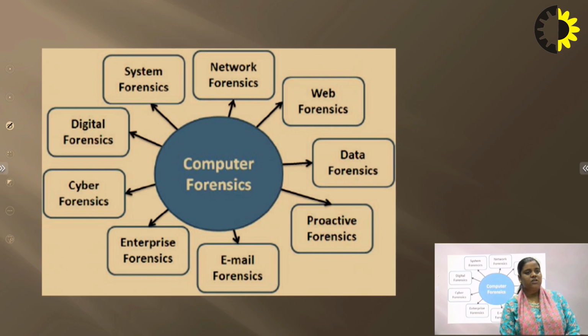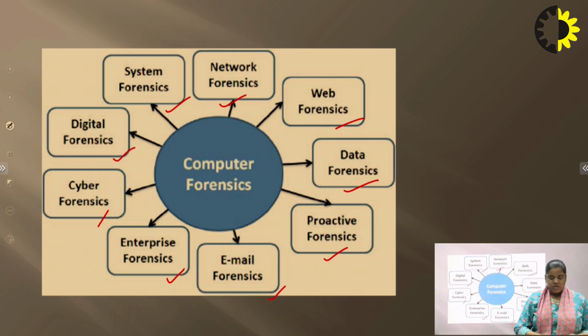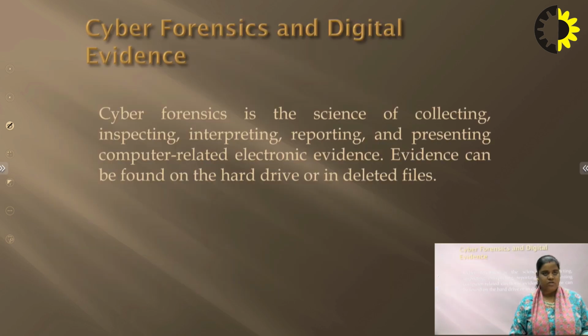So these are the main types of computer forensics, including system, network, web, data, proactive, email, enterprise, cyber, and digital forensics. After that, we will discuss the main kind of computer forensics, to analyze the pattern of digital forensics.